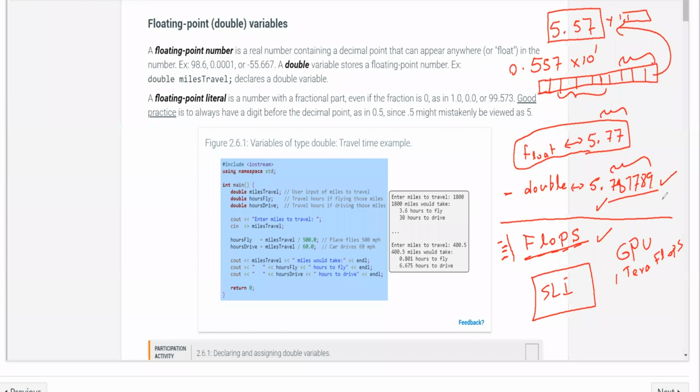So gigaflops and teraflops are the numbers we talk about these days when it comes to the ability of the CPU. The higher the number, the better. So when it comes to doubles, it is a huge operation and too heavy for the computer. When you're doing this, it will cut down the performance for sure.